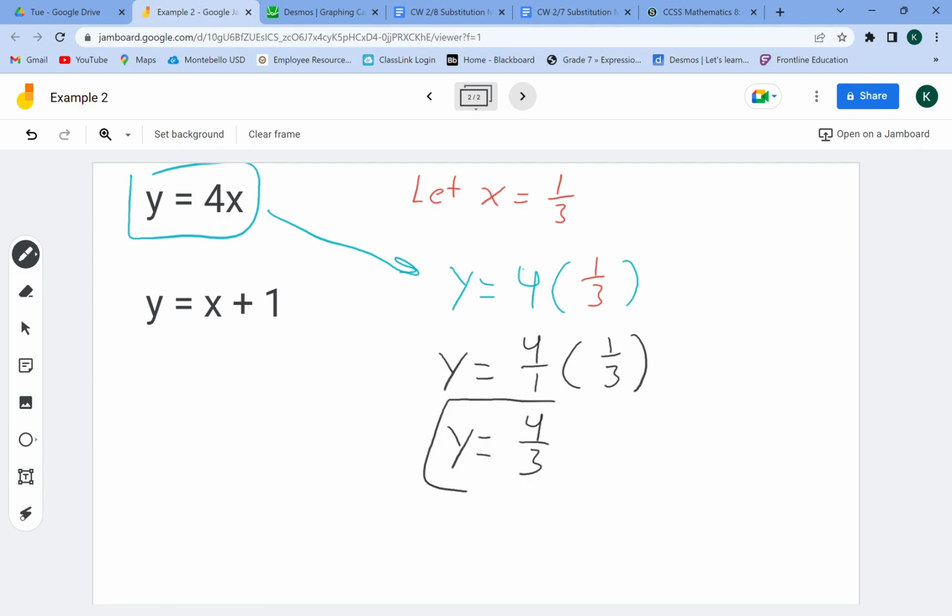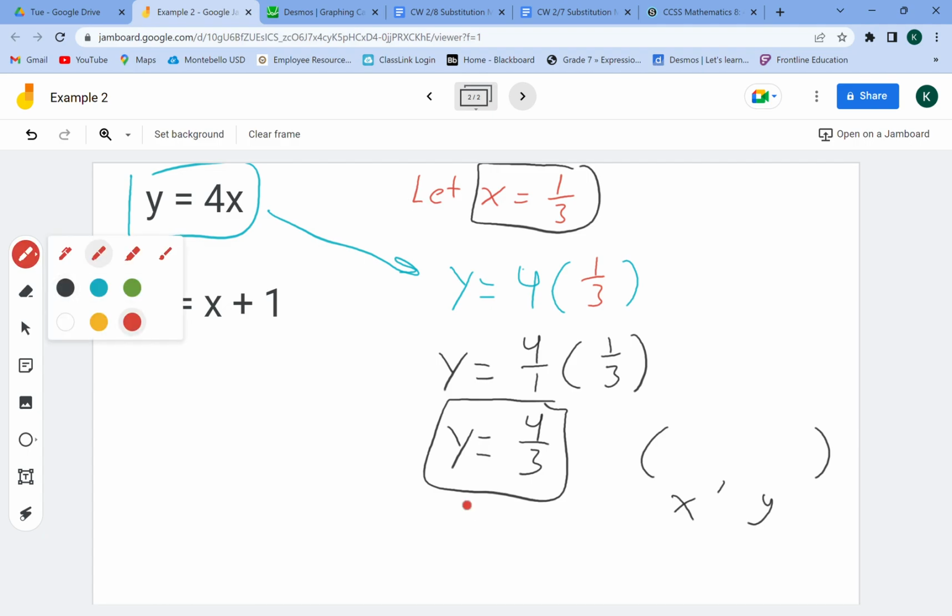So this is our y value, and this is our x value. Now we have our ordered pair. Here's my ordered pair: my x, which I'll put in red, is 1/3, and my y is 4/3.